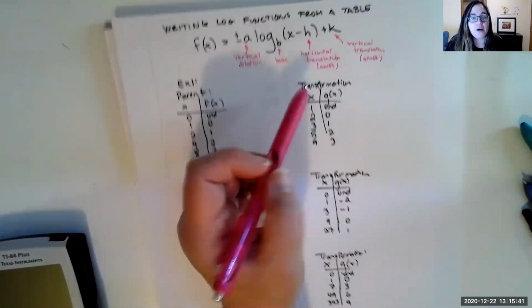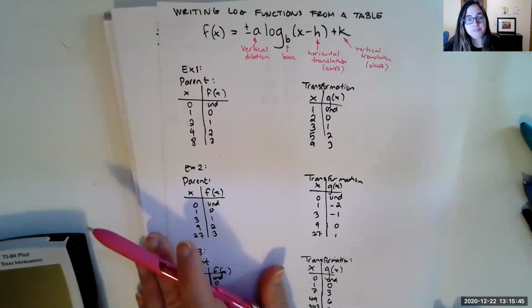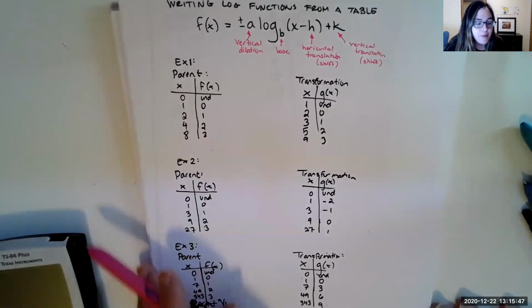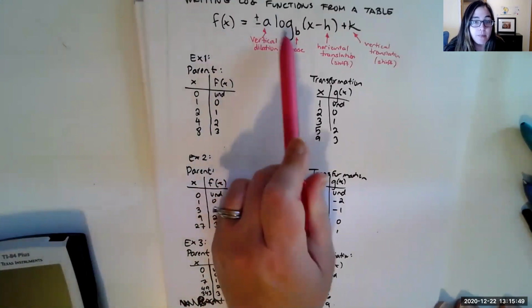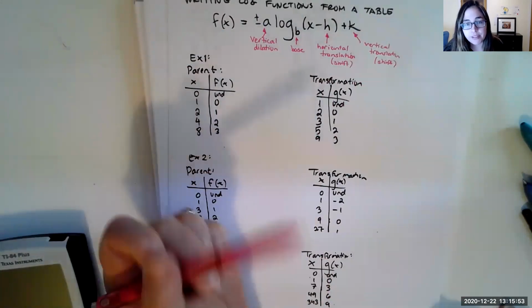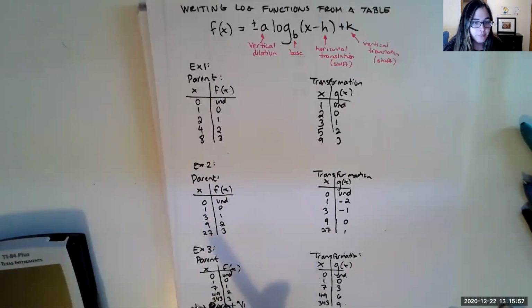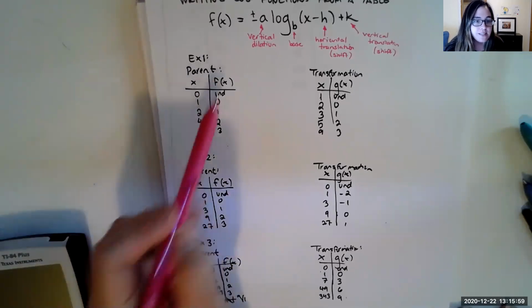So you might see it called horizontal shift, horizontal translation, vertical shift, vertical translation. The position of all of these parameters, a, b, h, and k, is really important, as we'll see when we start writing these log function equations. Let's look at our first example.